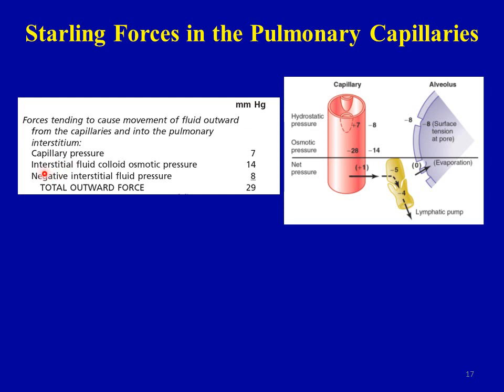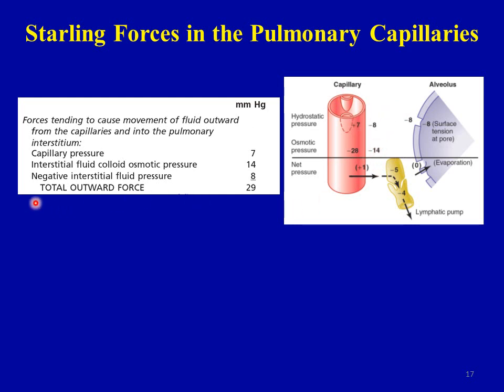We have the interstitial fluid colloid osmotic pressure 14, which is higher than the systemic circulation because the pulmonary capillaries are leaky to proteins. And the negative interstitial fluid pressure is also lower. So there it was -3. Here it is -8 because we have the lymphatics plus the surface tension. So this will place more negative pressure on the interstitium.